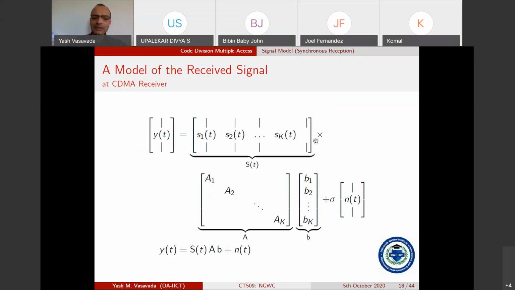I'm asking you to compare this equation with equation 2 on the very first slide. Okay, sir. In equation 2, we didn't have W Hermitian, we just had W. So, but yeah, okay, fine. So S of t, we can kind of consider it as that matrix W.